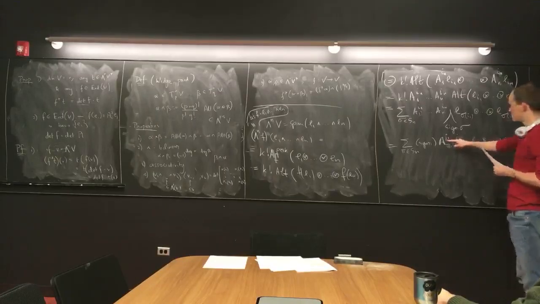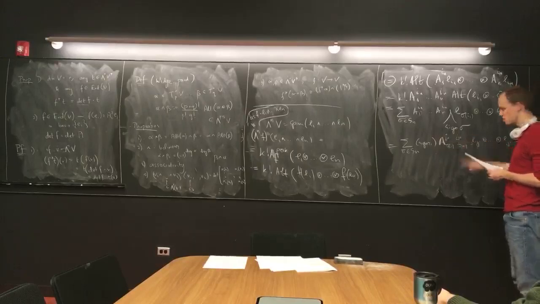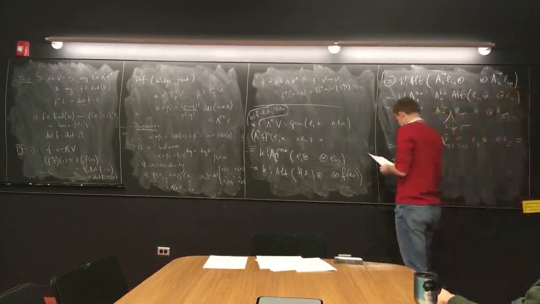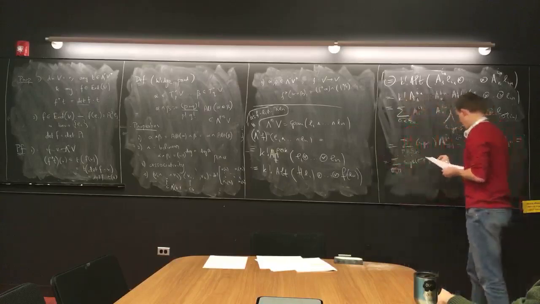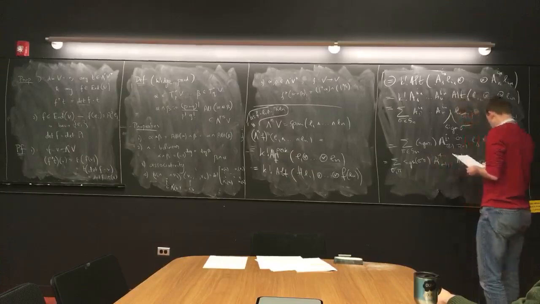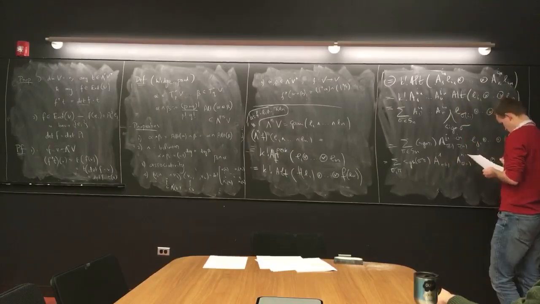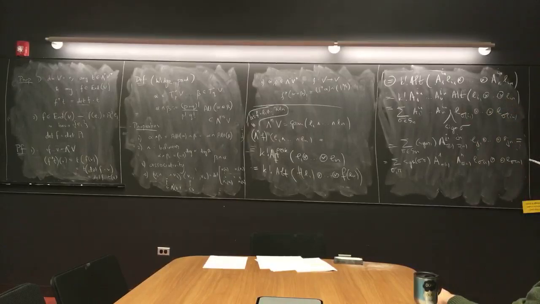So I'm going to add an extra sum over an extra permutation that encodes these in terms of 1 through n. So this will be equal to a sum over two permutations, sigma and pi, sign of sigma times sign of pi, so the product of signs, and then A_{1 pi(1)} ... A_{n pi(n)} e_{sigma(1)} ... e_{sigma(n)}.